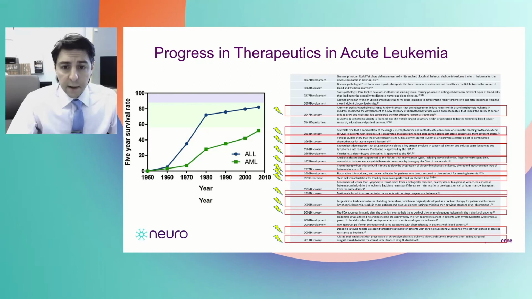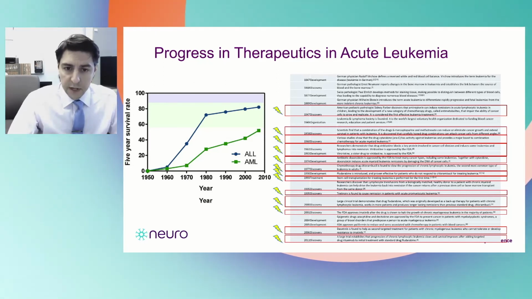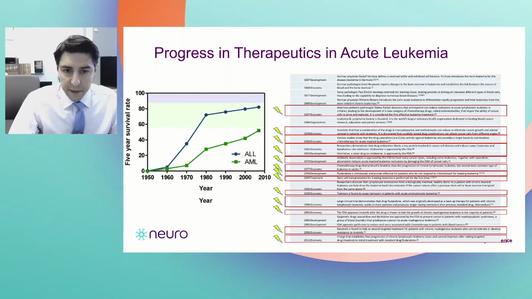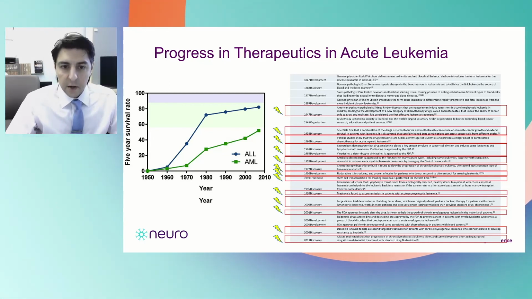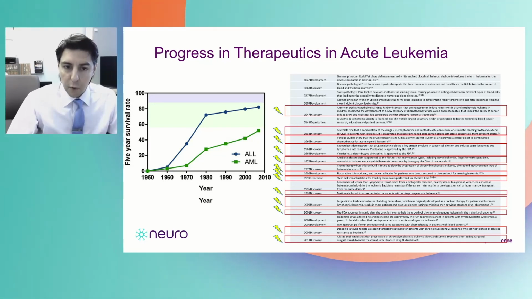was identified in the late 1800s. Less than 100 years after the identification of the disease, the first effective therapy was deployed in humans in the 1950s. Since then, not a single decade has passed in which we haven't made progress at the treatment of this disease.